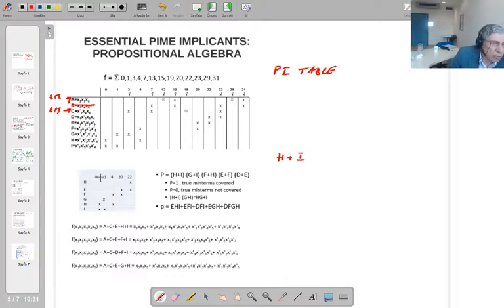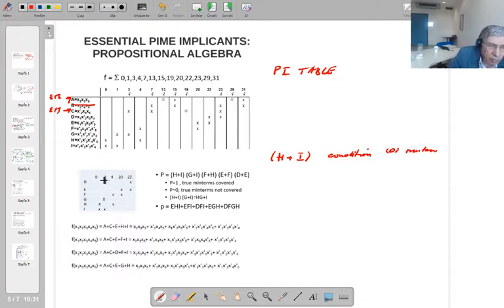Otherwise, I cannot cover the 0. So this column tells me this, doesn't it? Because 0 is covered by H and I, not covered by the others. So in order to cover the 0 true minterm, I have got to choose either H or I. Because of that, I put that "or" here. So this is a condition in order to cover the 0 minterm.